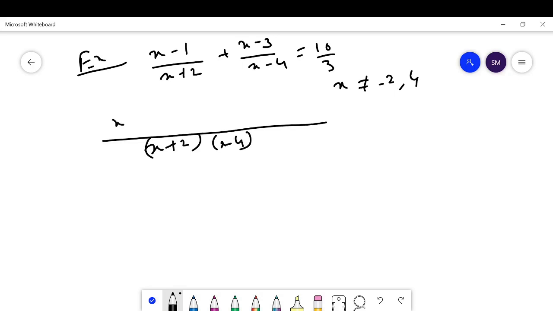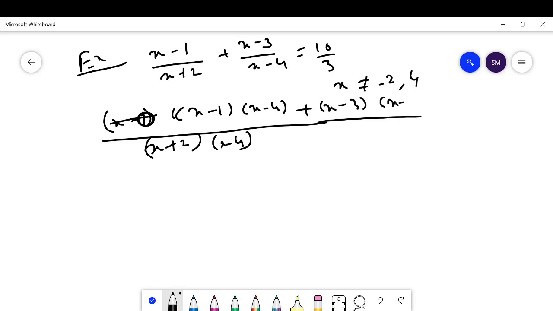Then here (x minus 1) into (x minus 4), plus (x minus 3) into (x plus 2), which equals 10 by 3. Then multiply (x minus 1) into (x minus 4) and you get x square minus x minus 4x plus 4.